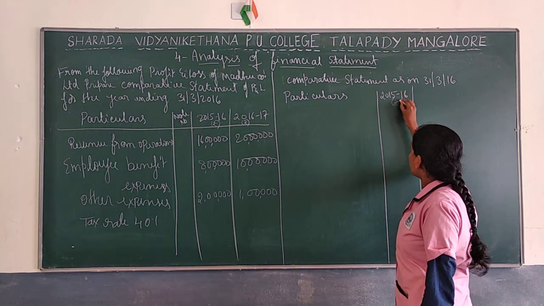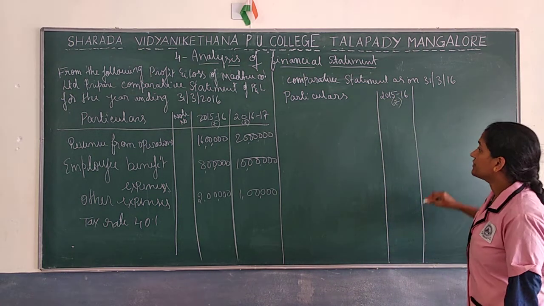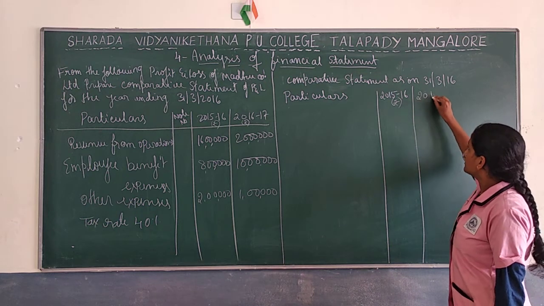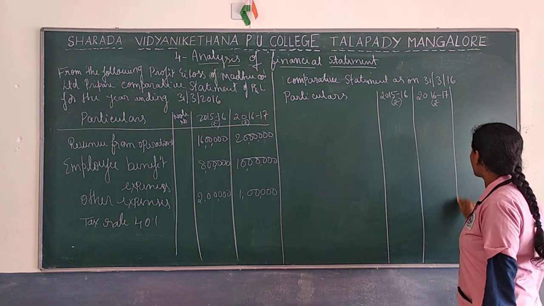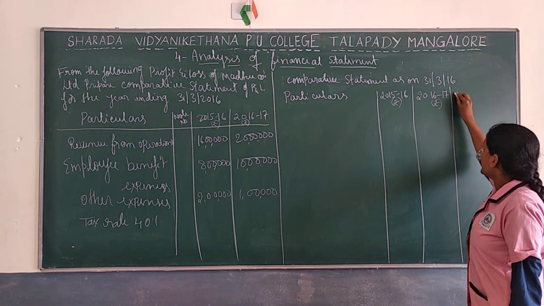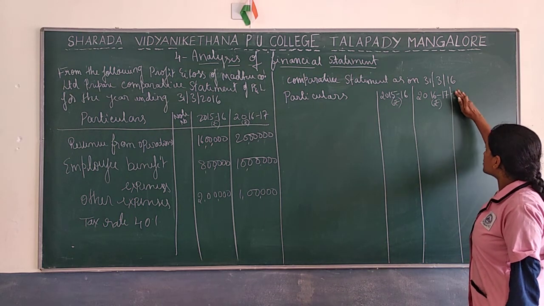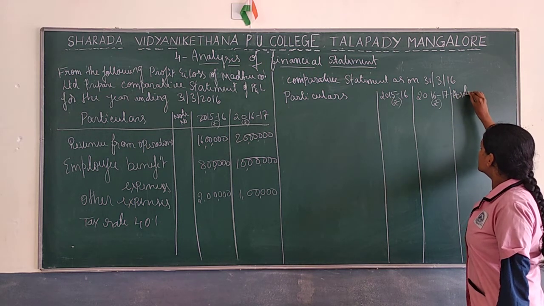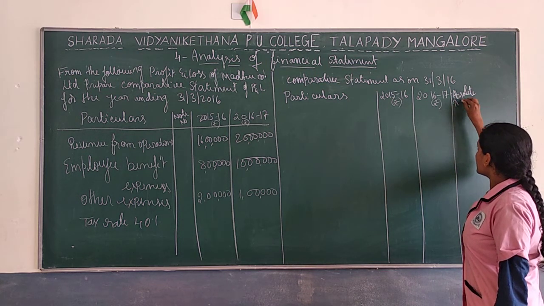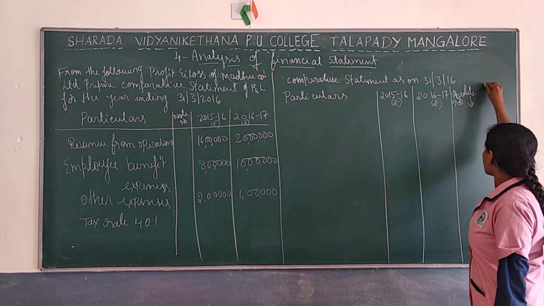Inside the bracket write rupees. In the same way, 2016-17, write rupees inside the bracket, and write absolute increase or decrease.